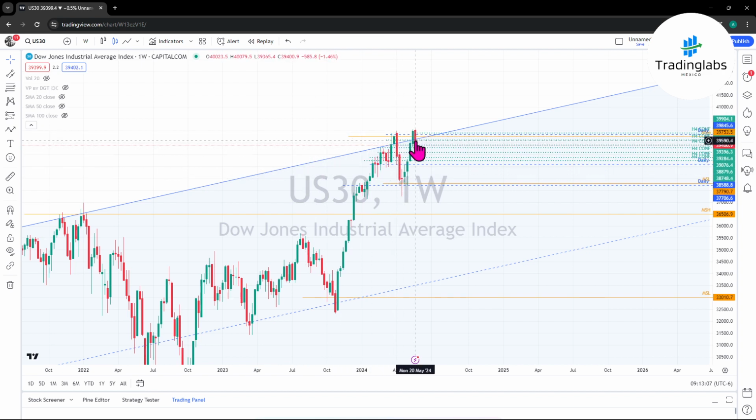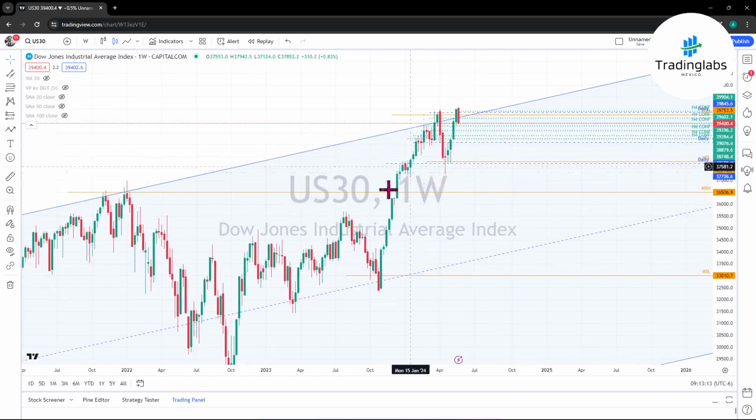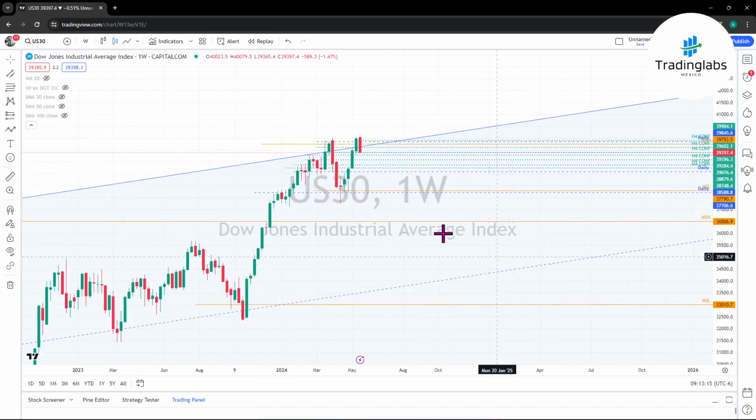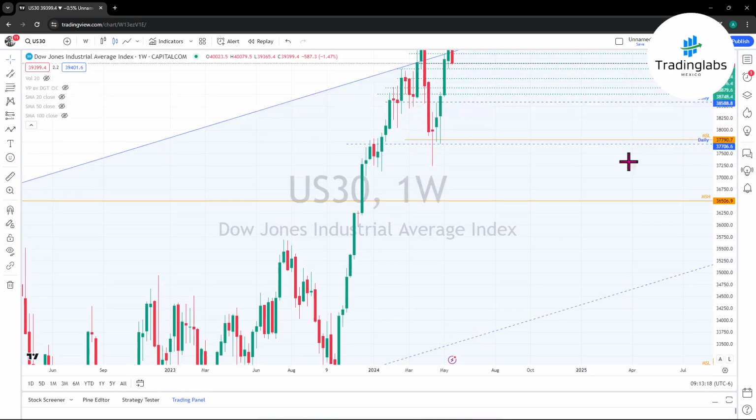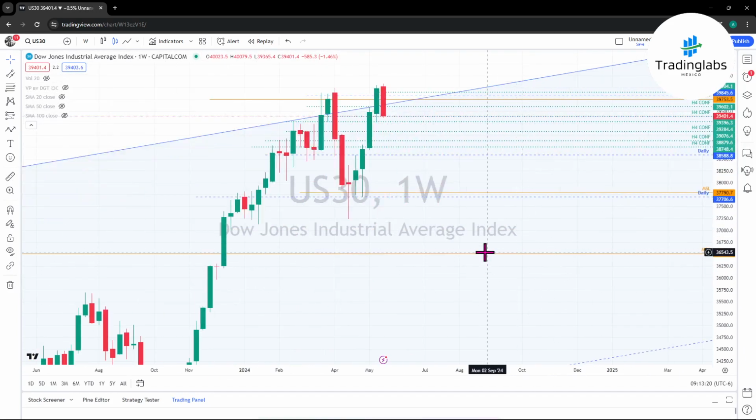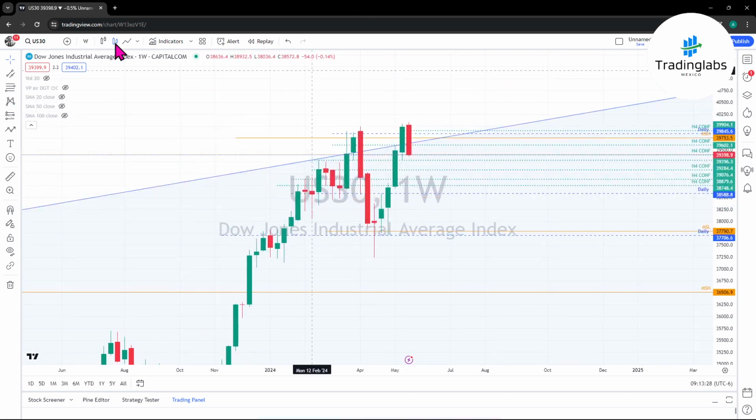This is another retest, a candle close in an area of the resistance on the weekly. Everything that you know already is somehow making sense to you right now. I'm pretty sure about it.